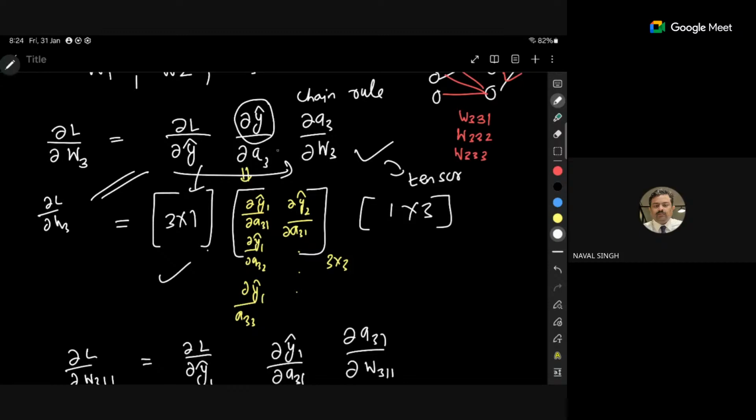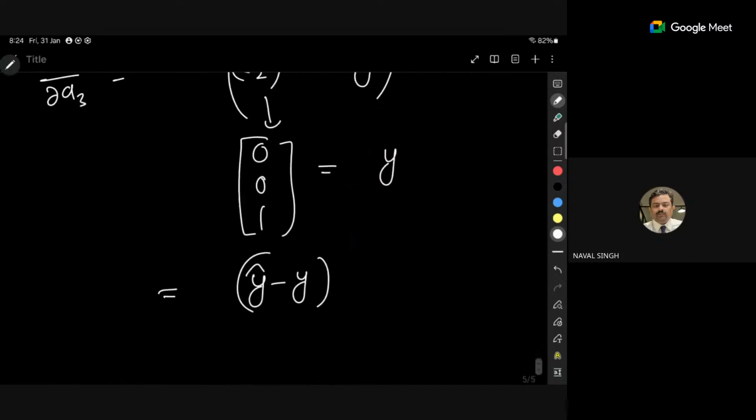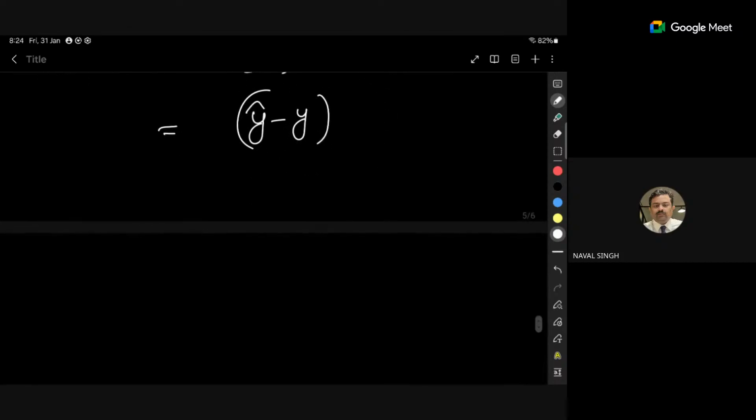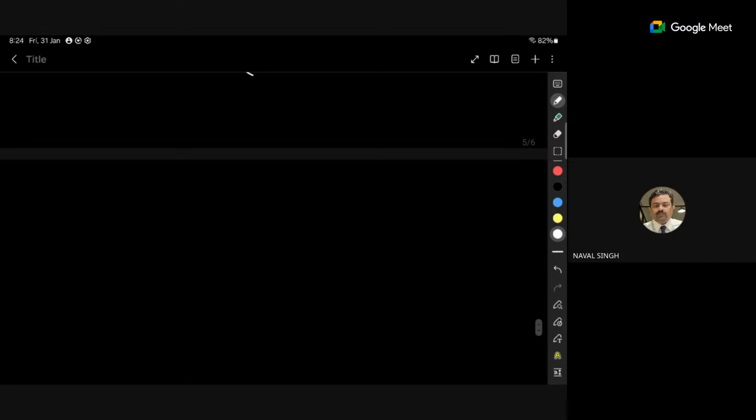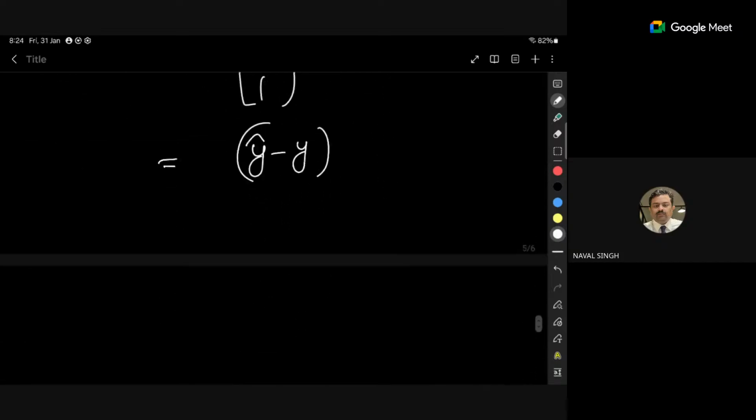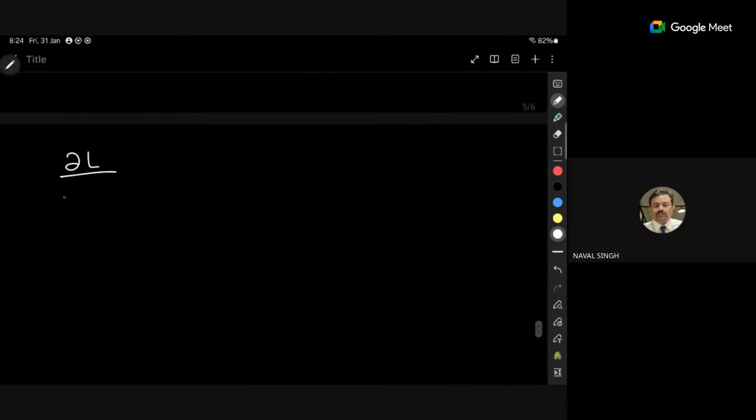This part you should maybe try out. Softmax with input, you can maybe write a matrix and all, and then do it. But I am not doing this. If you have doubt, you can ask me on Discord, that I want to do it, I'm stuck here, and I will help you with that. So this is my dL with respect to A3, which is y hat minus y.